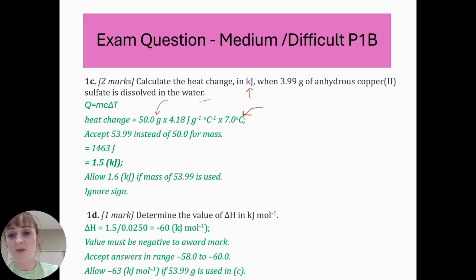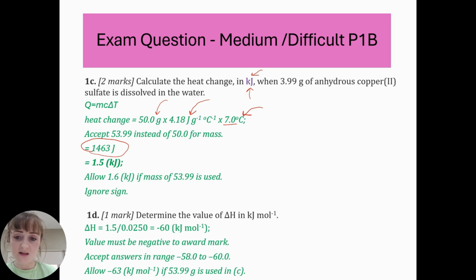When that's multiplied by the specific heat capacity of the water, which you can simply read from the data booklet, you get a value of around 1463 joules. You're asked to give that in kilojoules, and you'll give it to 2 significant figures because your temperature has 2 significant figures. So 1.5 kilojoules is your answer.